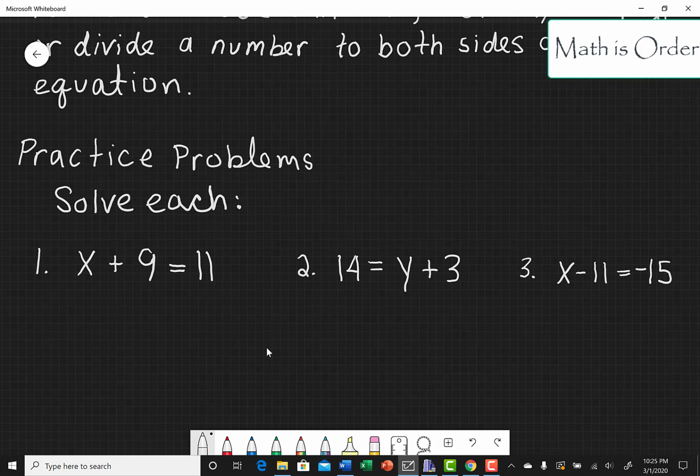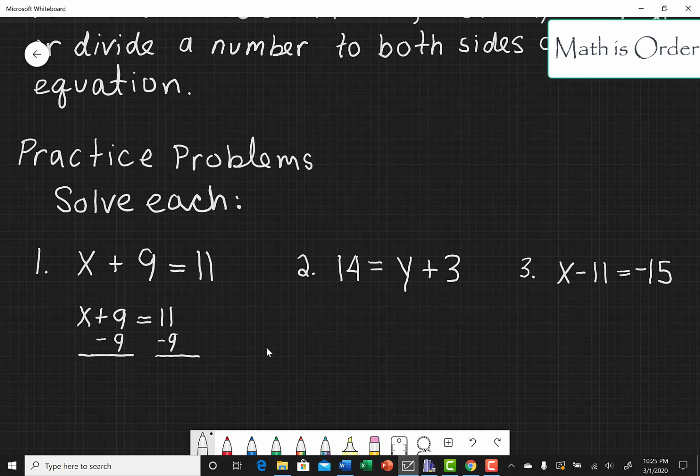So let me first rewrite the equation. And I need to get rid of the 9. So I'm going to go ahead and subtract 9. Now, if I subtract 9 on the left-hand side of the equation, I must subtract 9 on the right-hand side of the equation.